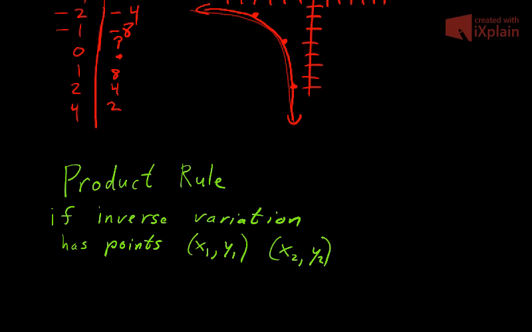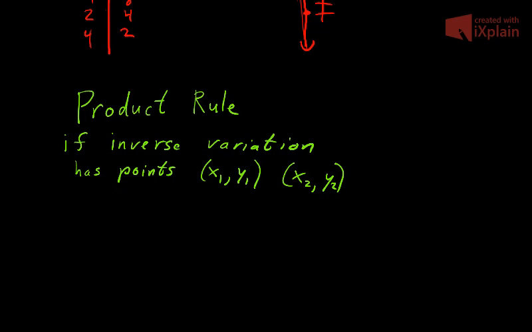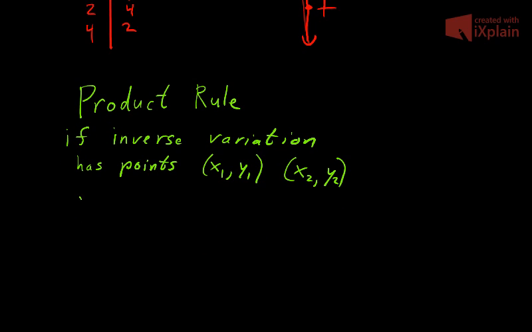And if both of these points are in an inverse variation, then I know that x1 times y1 is going to equal x2 times y2. And that's going to happen every single time.